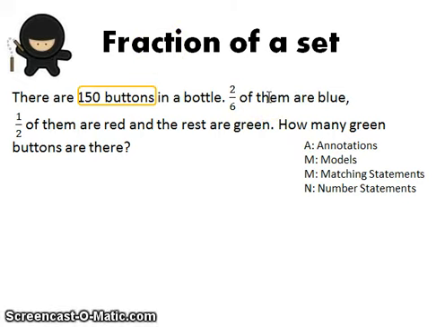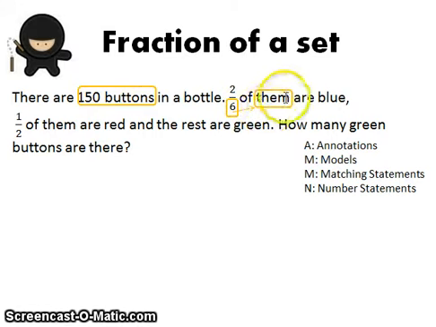Let's understand what this phrase means in the question. 6 here is the denominator. We have learned that the denominator refers to the number of units of a set. So the "them" refers to the set.